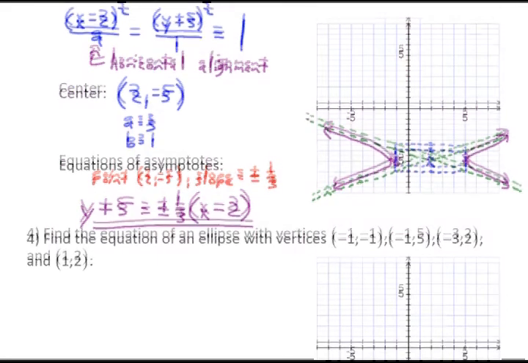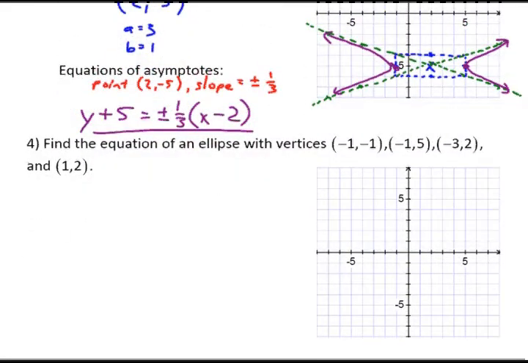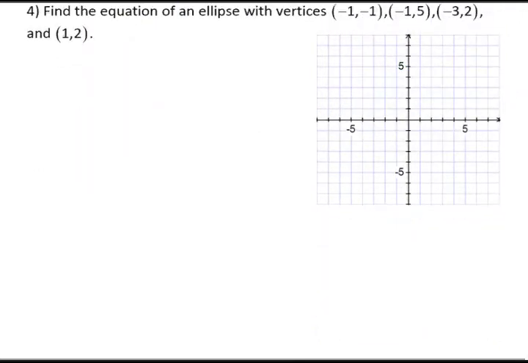Our next example is finding the equation of an ellipse that has given vertices. What we need to get the equation is the center and the x and y radii. The center is easy enough to find.